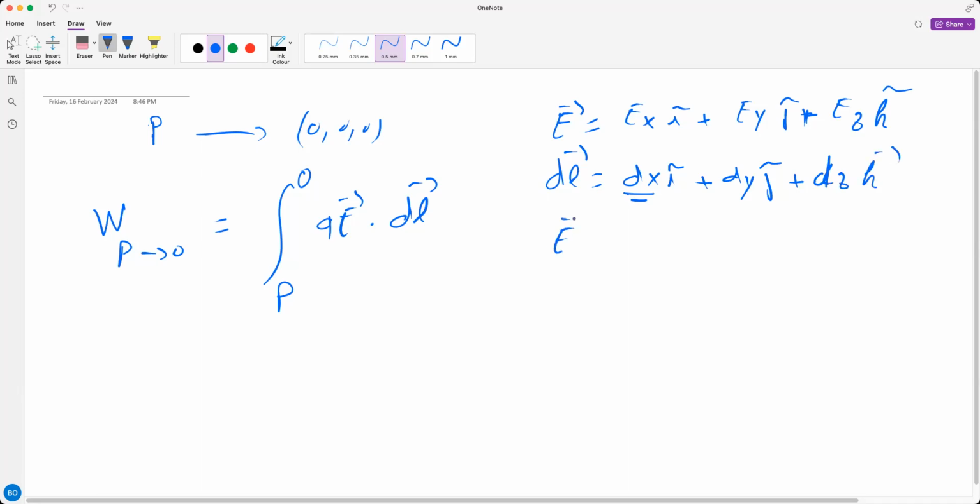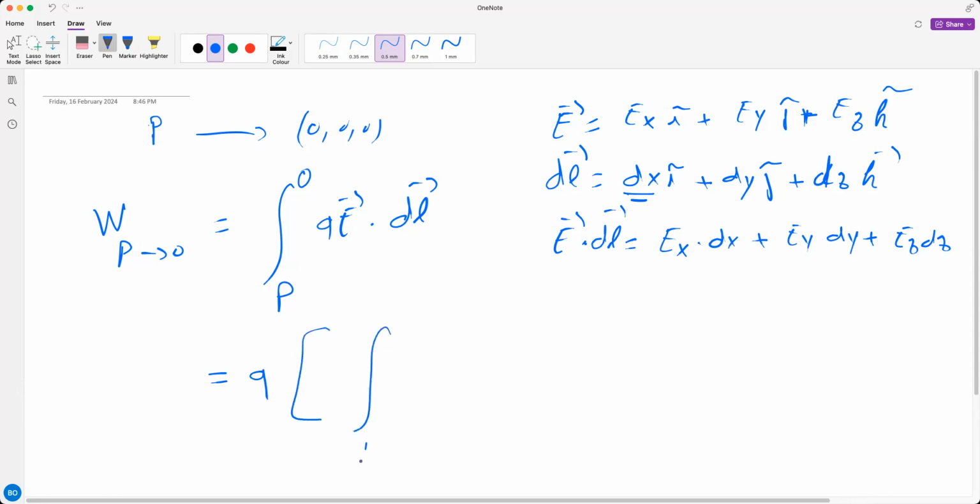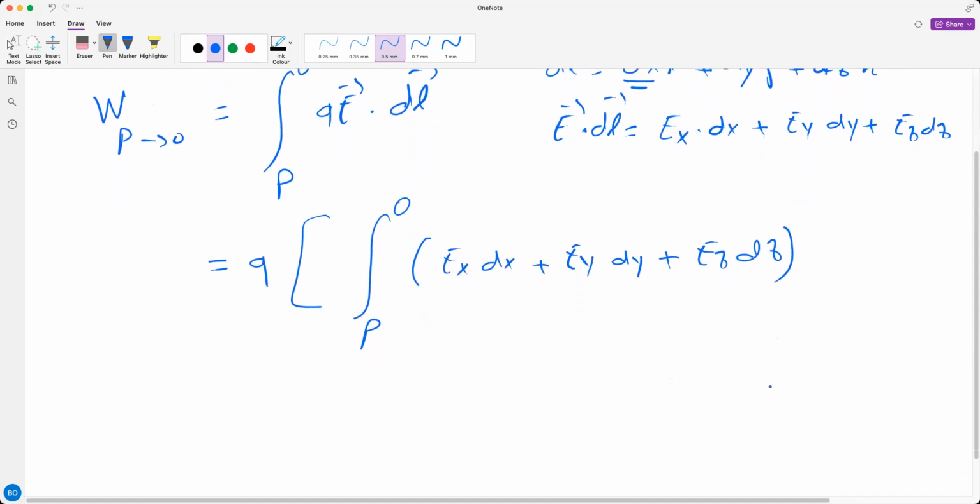So when you do E dot dl, it is equal to Ex dx plus Ey dy plus Ez dz. So this means the work is equal to the charge times the integral from point P to 0 of Ex dx plus Ey dy plus Ez dz. Any question? Are you following?